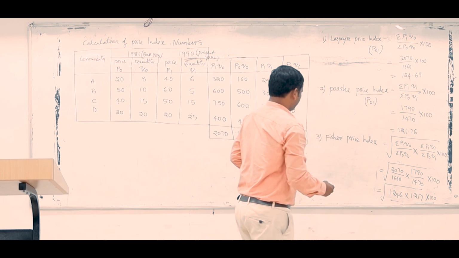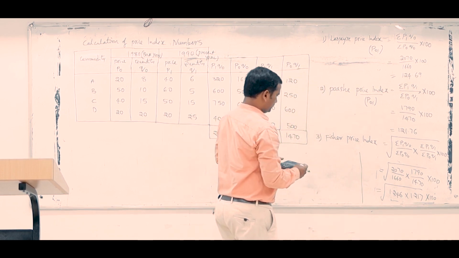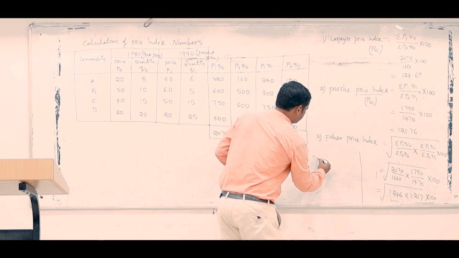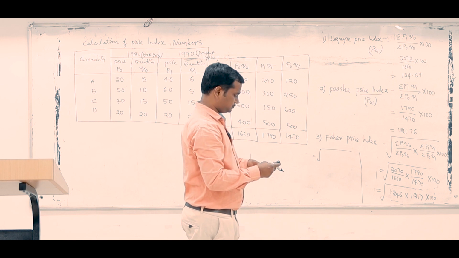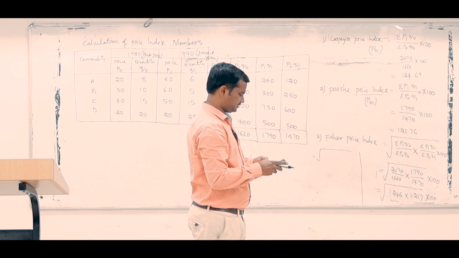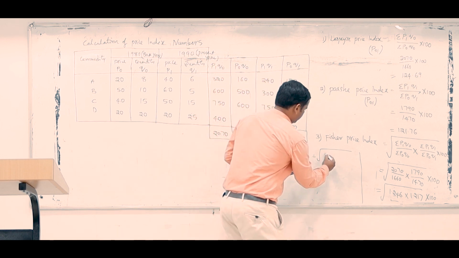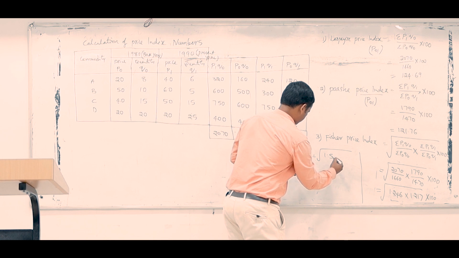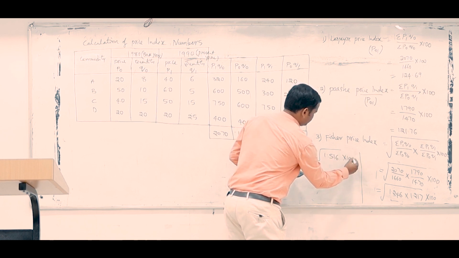So if we expand this, then we should find out under root 1.246 into 1.217. So we will get 1.516 into 100.